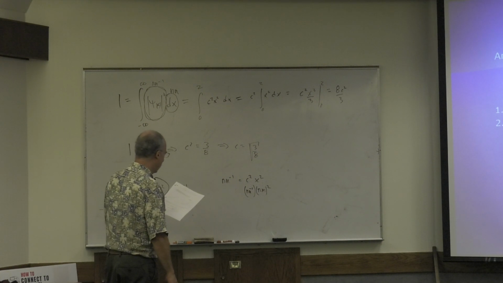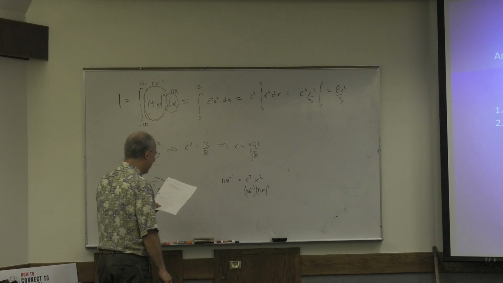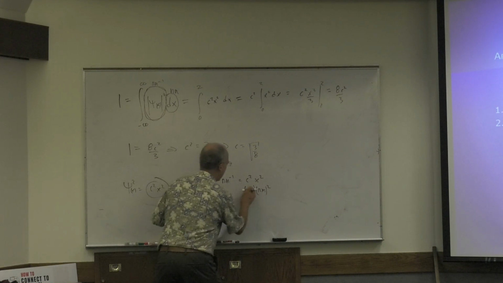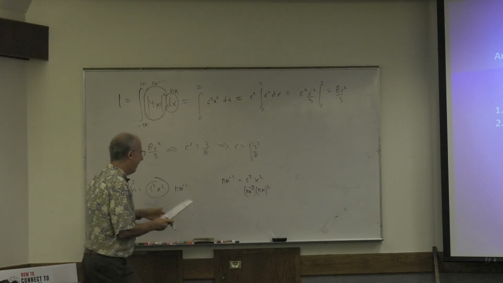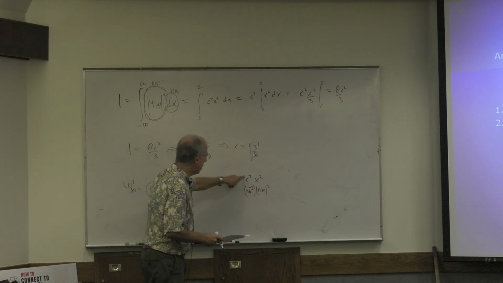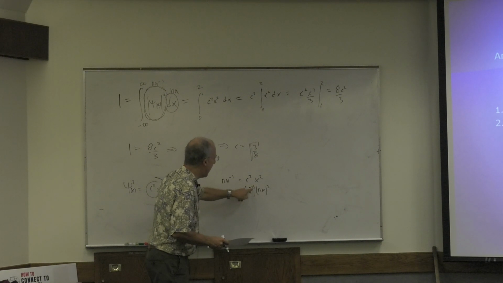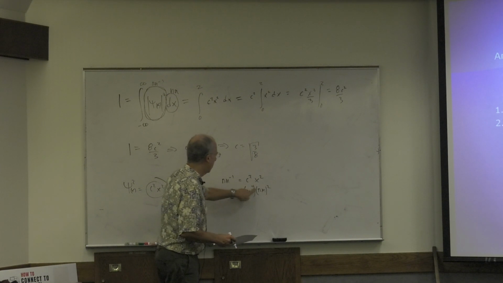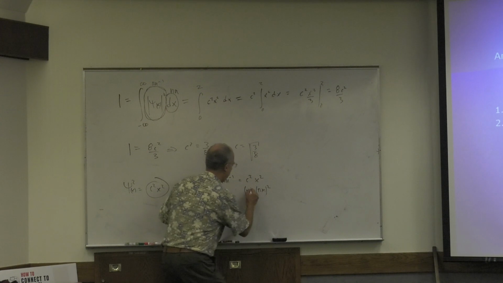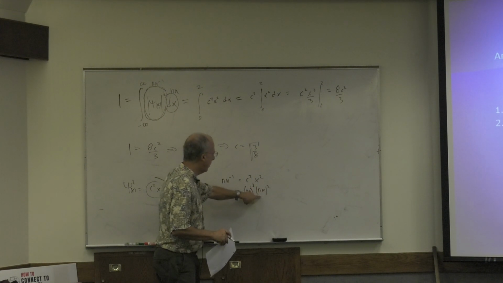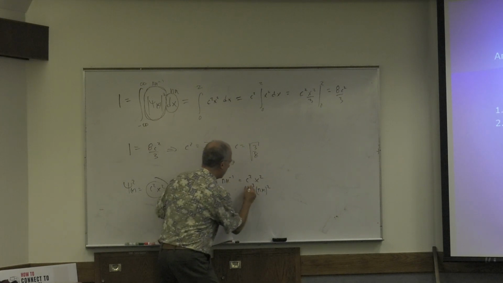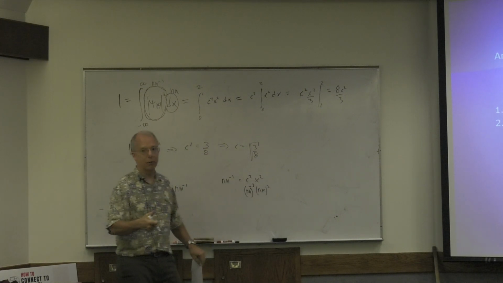Oh, no, I'm doing it wrong. Sorry. I know how to add. Okay, so c squared has to have units of nanometers to the negative 3, right? Because nanometers to the negative 3 times nanometers squared equals nanometers to the negative 1.